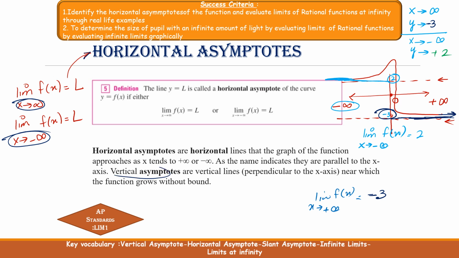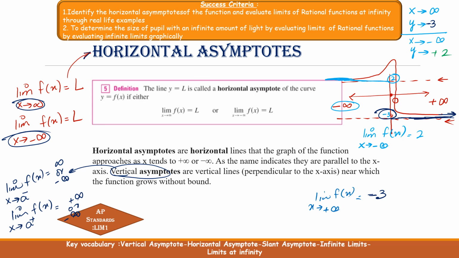Whereas to determine the vertical asymptotes, we express the limit as x approaches a from the left side or from the right side, where a is a number. From the left side it could be positive or negative infinity, and from the right side also positive or negative infinity.